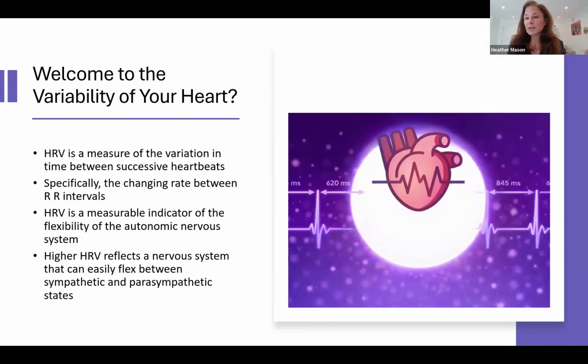That can just be like the energy to do a task. Likewise, it's the capacity to move from a state of mobilization, when there is no necessary stress or thing that requires high level energy, into a state of calm, right? So the greater your heart rate variability, the greater that flexibility between states.